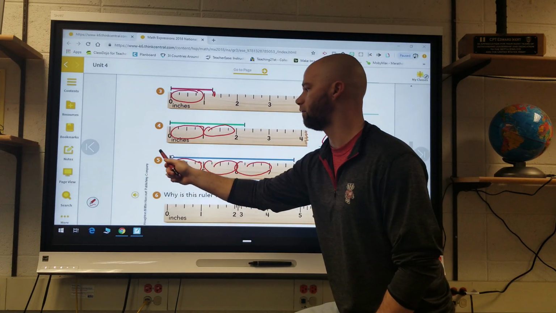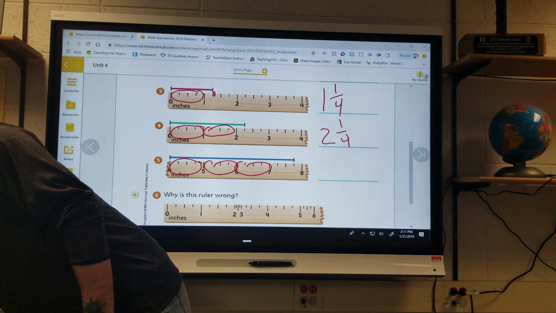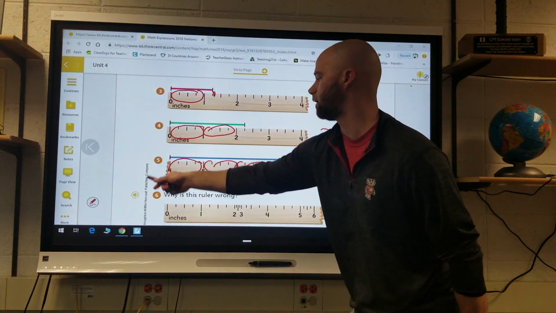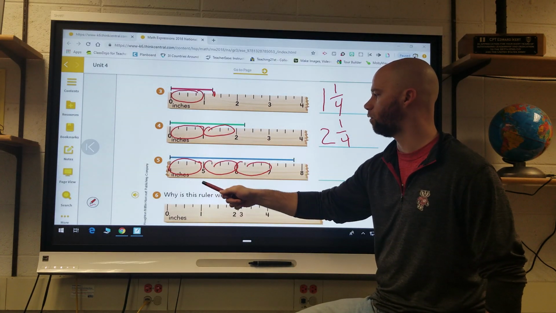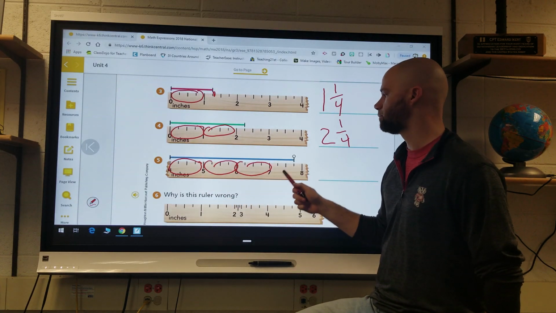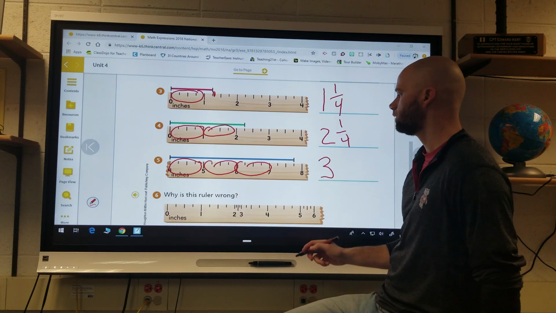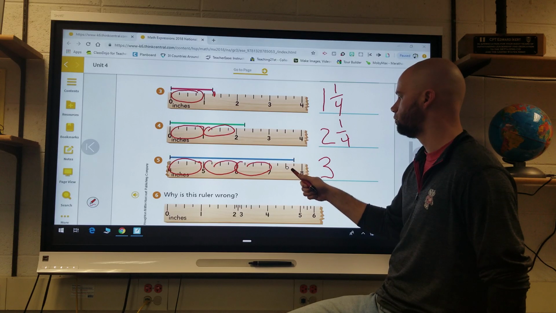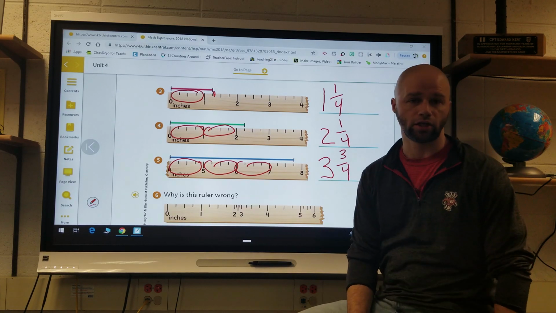So we assume that that is still there. Or excuse me, we don't assume that is still there. So don't get confused by that. It is just we have 1. It starts here and stops here. So we have 1, 2, 3 whole inches. And then it goes 1, 2, 3. So 3 fourths of an inch there. Okay.